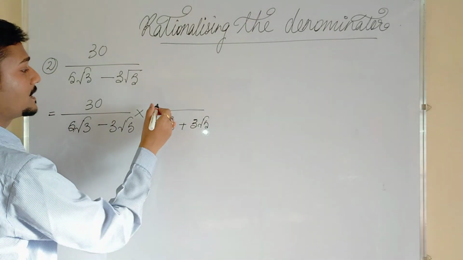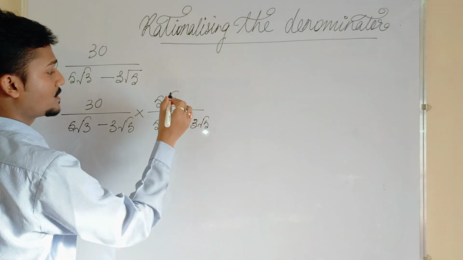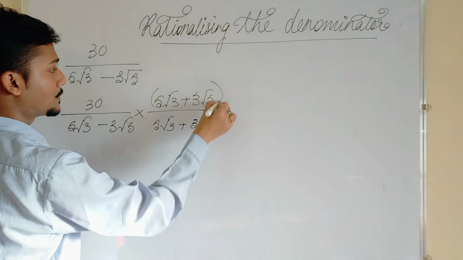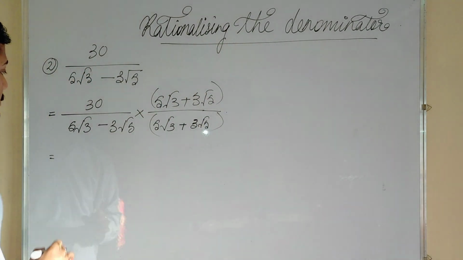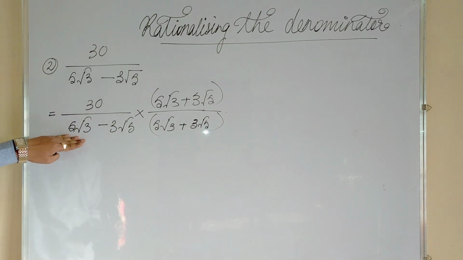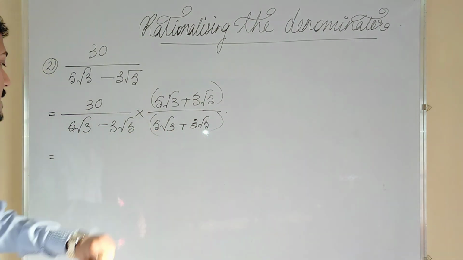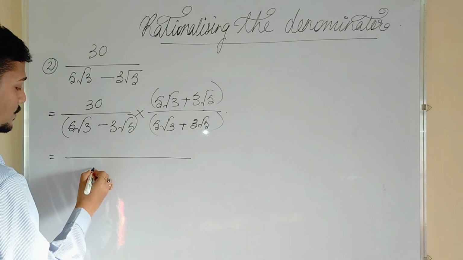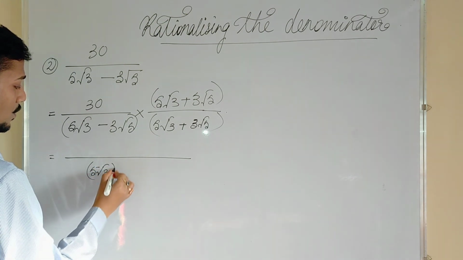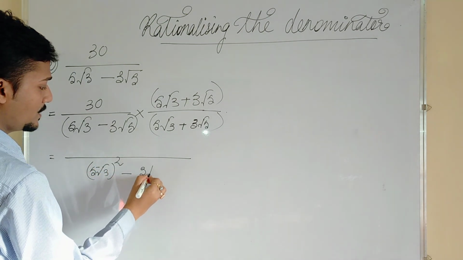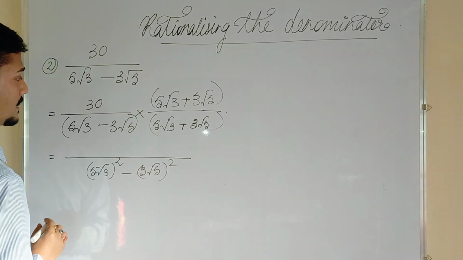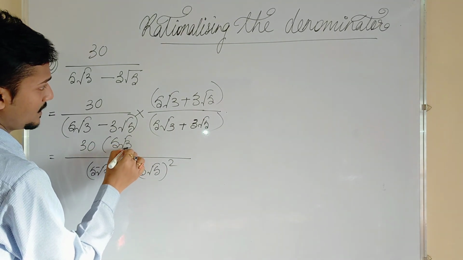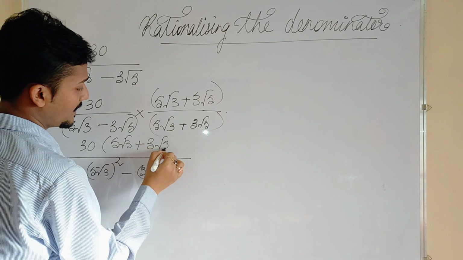With the same number I will multiply in the numerator, 30 into 5 root 3 plus 3 root 5. In the denominator, a minus b into a plus b is equal to a square minus b square. If you want, you can put a bracket. So it will be 5 root 3 whole square minus 3 root 5 whole square.